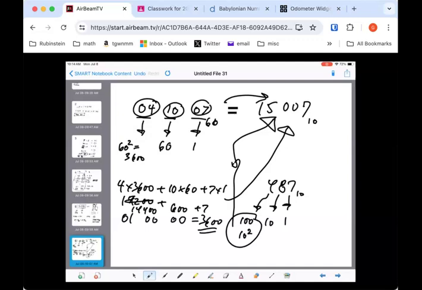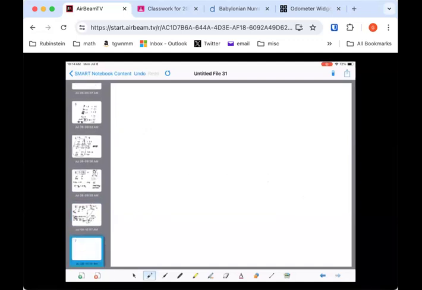Okay, so that's how base 60 works. But we have to do more about base 60.